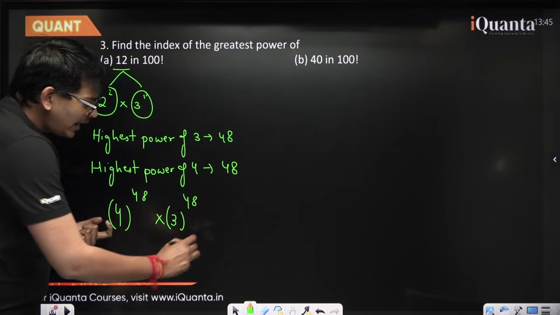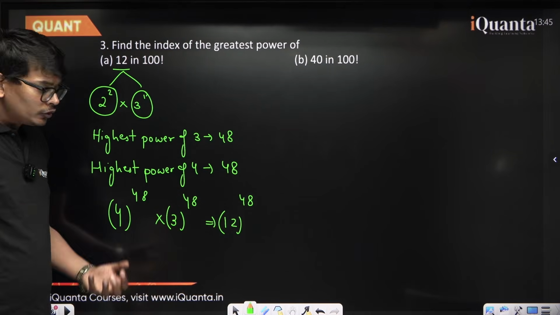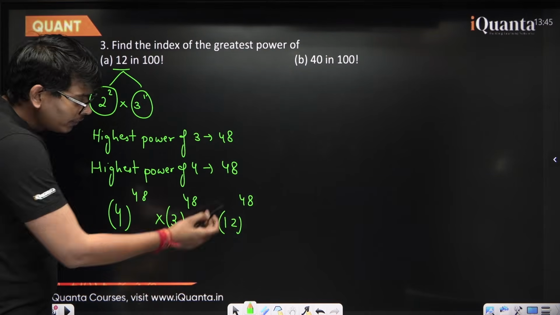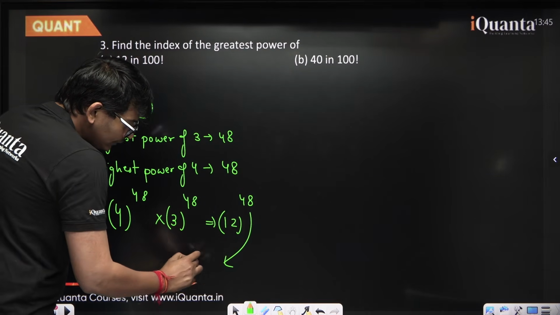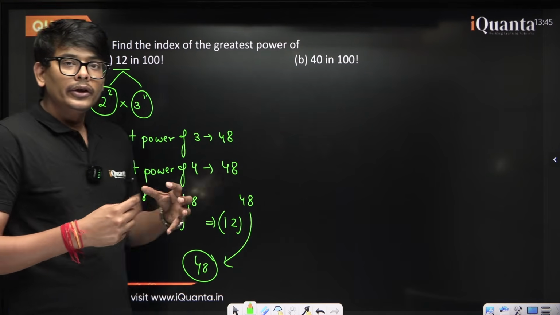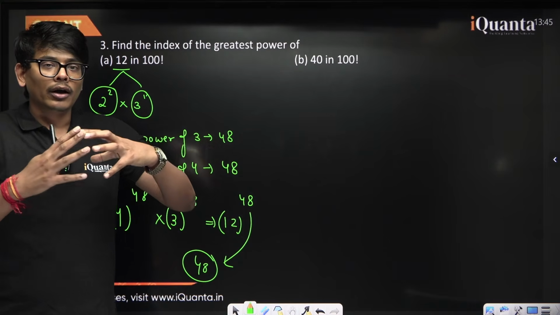So can I write this as 12 raised to the power 48? So what will be the highest power of 12? Highest power of 12 will be 48 only.